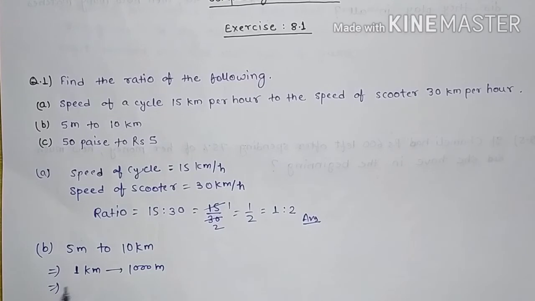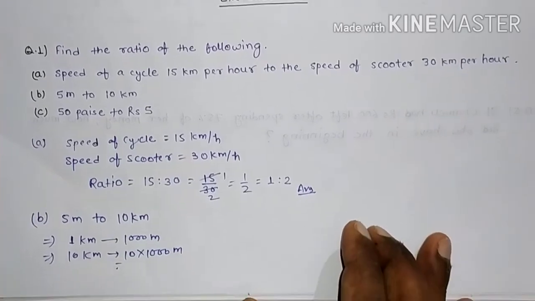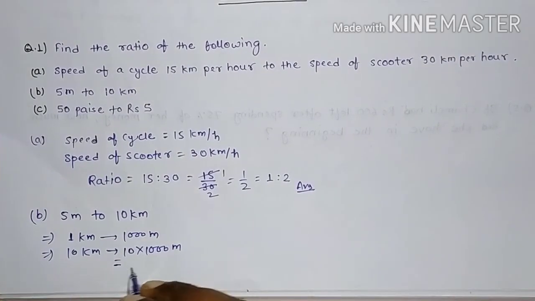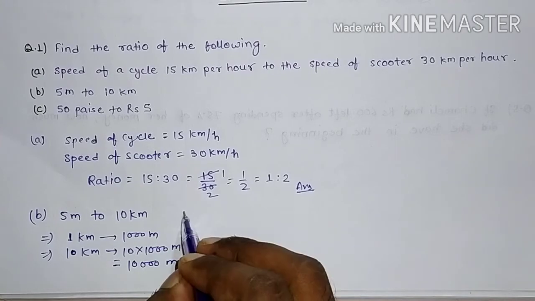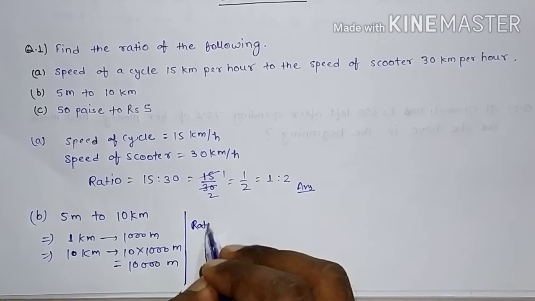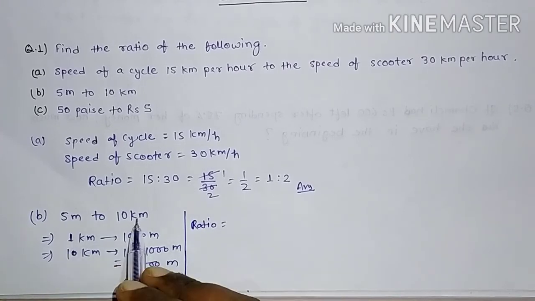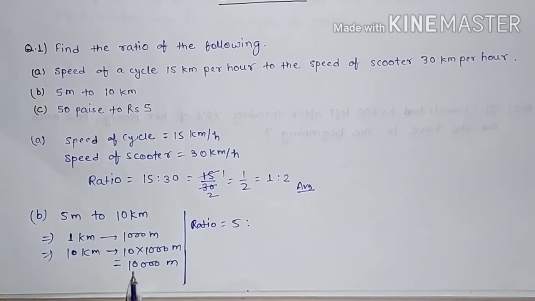So 10 kilometer equals 10 into 1000 meter, which equals 10,000 meter. So 10 kilometer equals 10,000 meter. Here we have to find the ratio of 5 meter to 10 kilometer, so this is 5 is to 10 kilometer, which equals 10,000 meter.